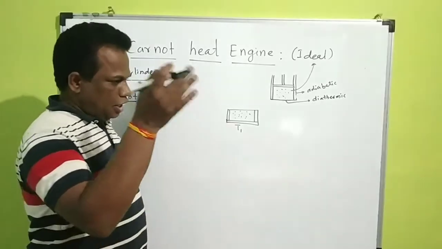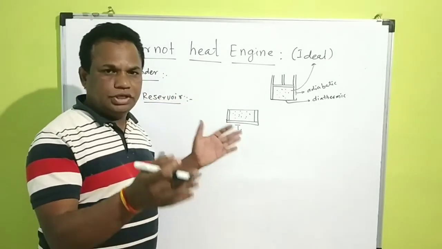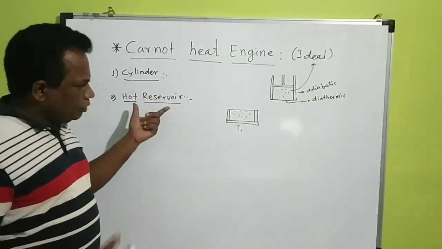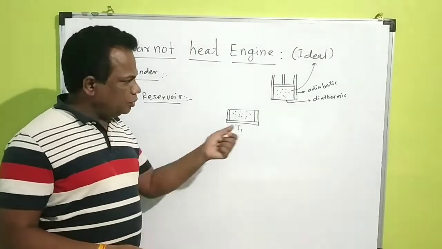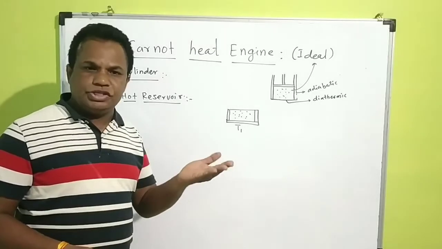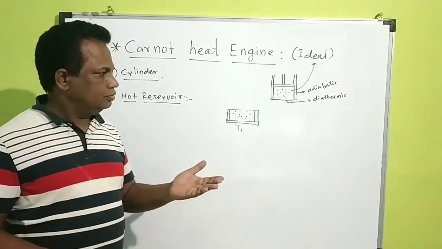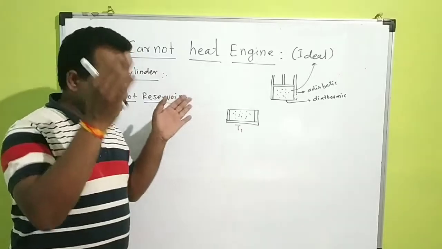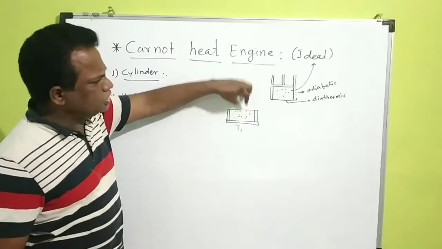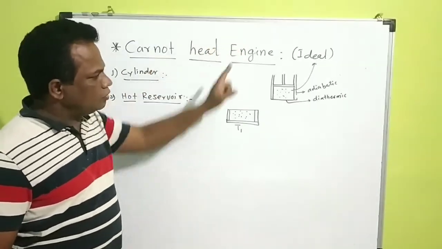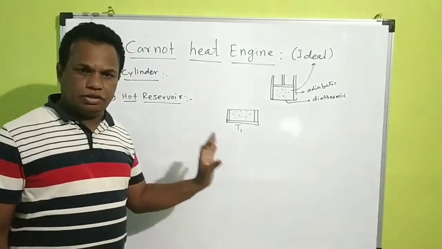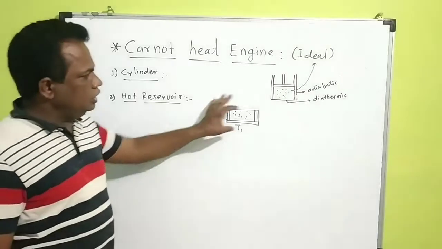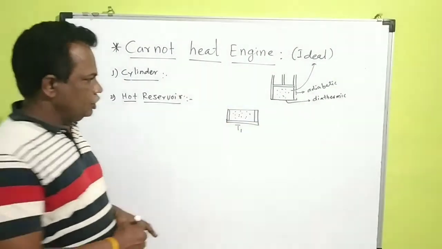If you take a large seawater reservoir, then from that seawater, if some of the water is taken out, the level of sea doesn't change. That means it is a large heat reservoir. Whatever the heat is taken from this reservoir, its temperature will not change. That means it is called as hot reservoir.